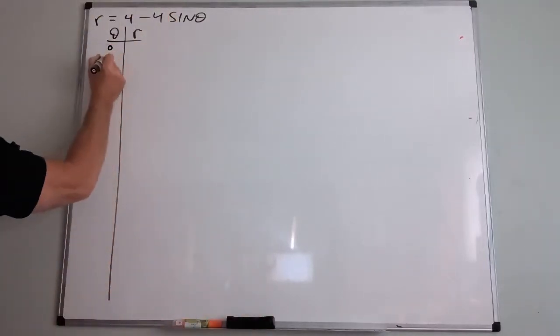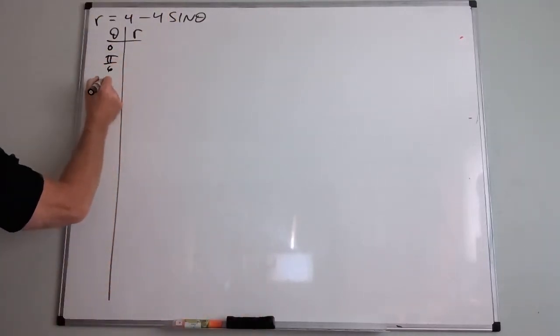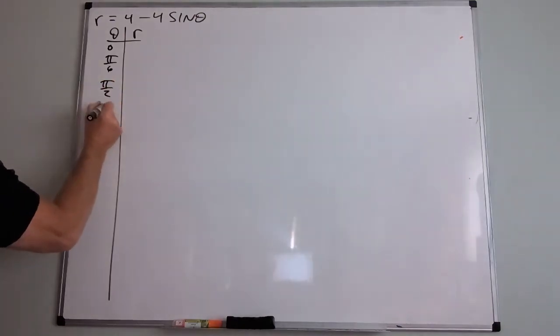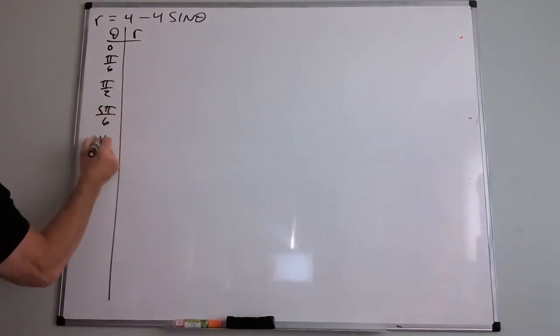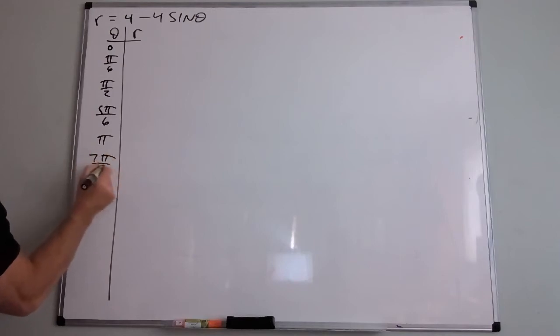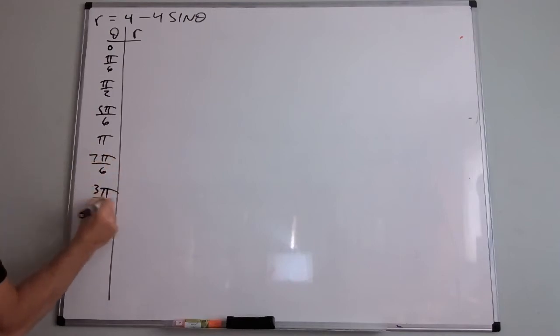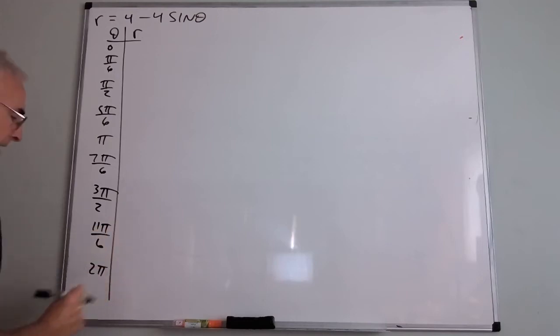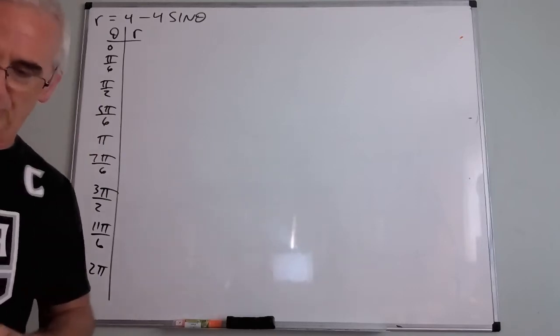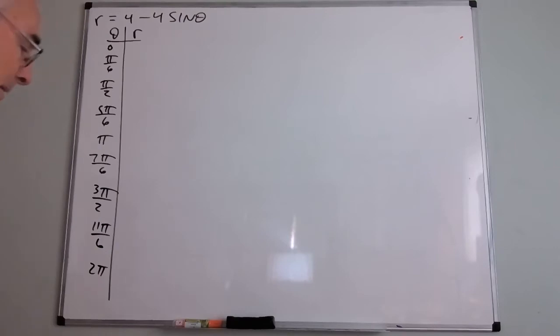So let's go 0, pi over 6, pi over 2, 5 pi over 6, pi, 7 pi over 6, 3 pi over 2, 11 pi over 6, 2 pi. Now, obviously, there's an infinite number of angles, but those are the only angles where I will actually get rational numbers, because I really don't want to labor.